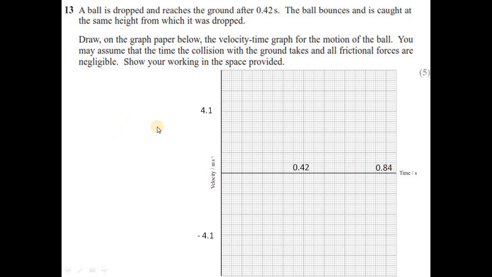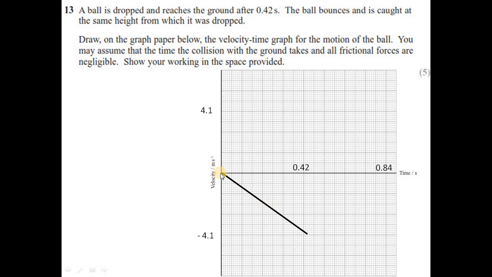Because the ball is starting from rest, the graph must start from the origin. This is the first part of the graph. The ball is coming down, falling, and at 0.42 it is the time when the ball just hits the ground and is about to bounce.